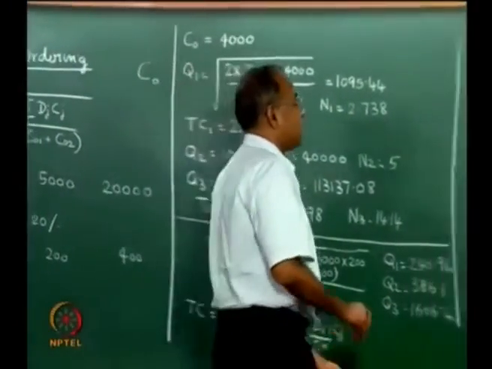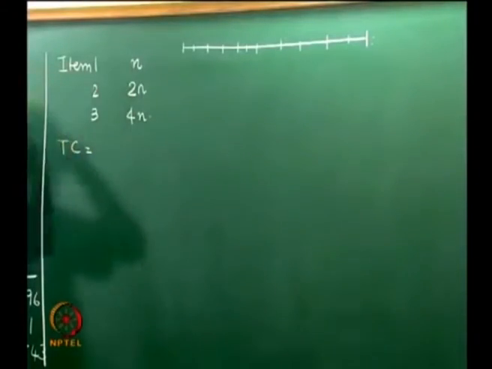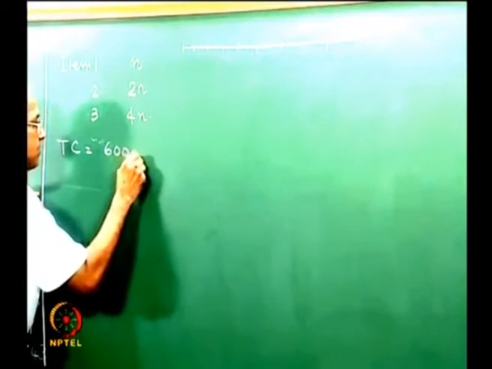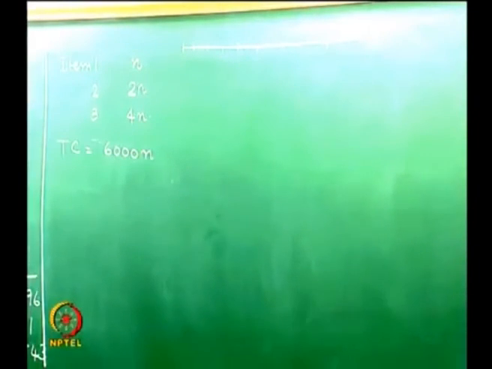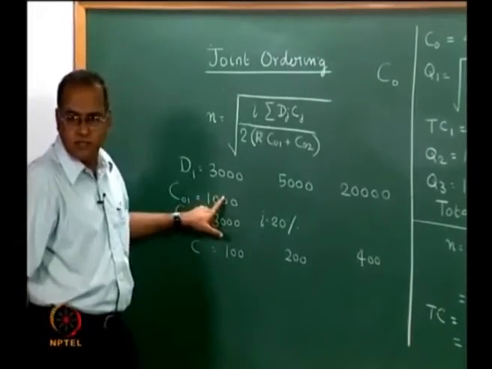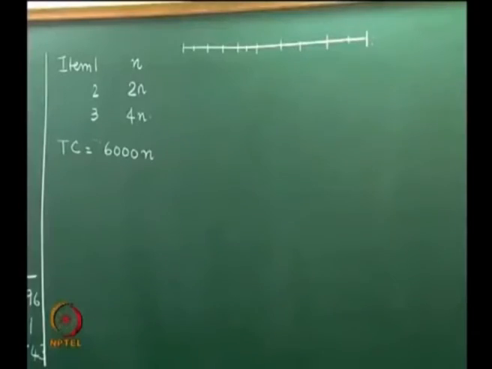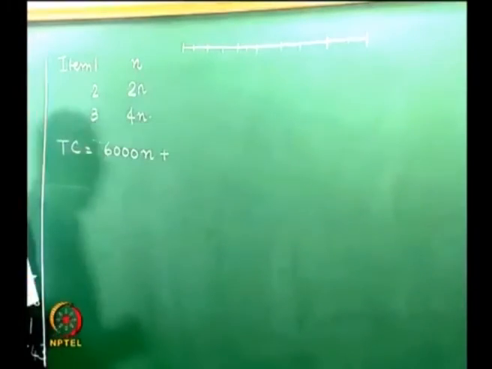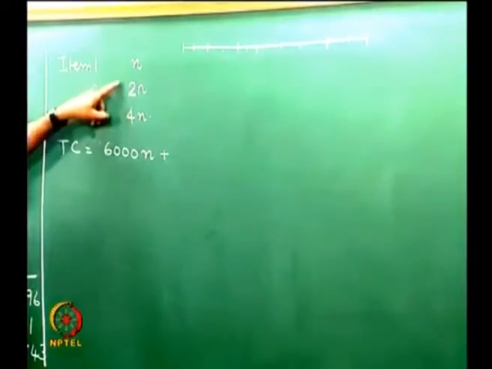So, the total order cost will be, for n out of these 4n, the order cost will be 6000 n, because when 3 items are ordered together, the truck cost is 3000 plus 3 times admin cost of 1000 will give 6000. So, 6000 into n. For another n orders, only these 2 will be combined.